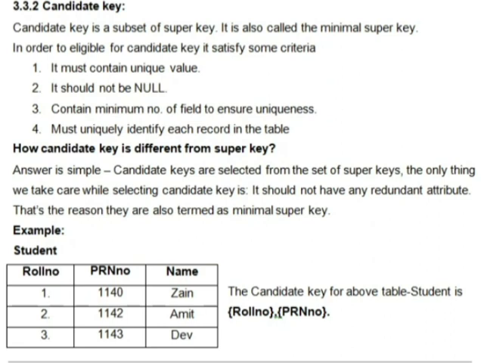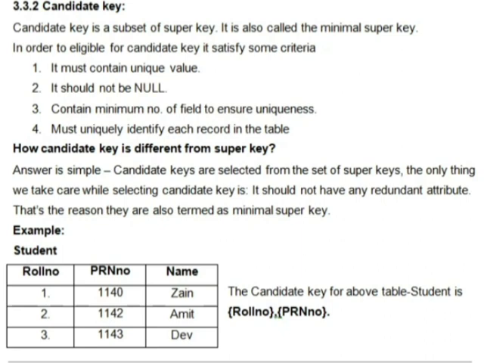In order to be eligible for becoming a candidate key, the particular column should satisfy some criteria. Number 1, it must contain a unique value. Number 2, it should not be null. Number 3, it contains the minimum number of fields to ensure uniqueness. Number 4, it must uniquely identify each record in the table.